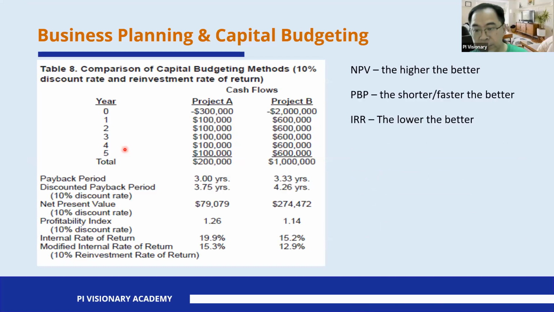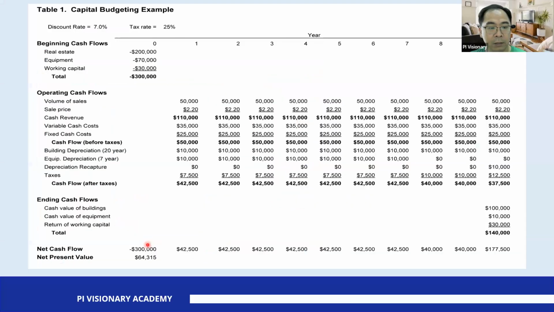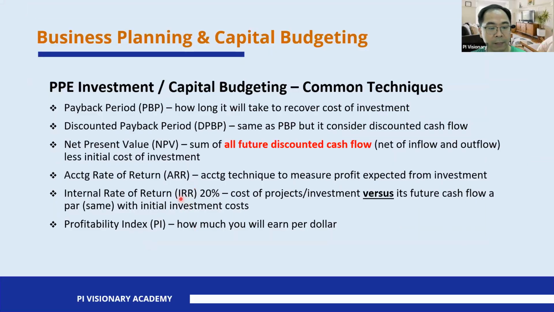So this is how to catch the meaning. Net present value, the higher, the better. Payback period, the shorter, the better. Internal rate of return, the higher, the better. So internal rate of return, IRR. What is IRR here? The cost of investment compared with the future cash flow.